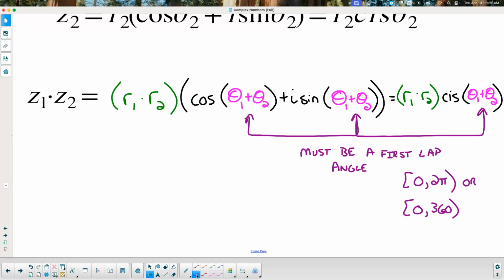Add 360. Okay? So you might have to add or subtract 360 degrees and or 2 pi, depending on which one you're in.